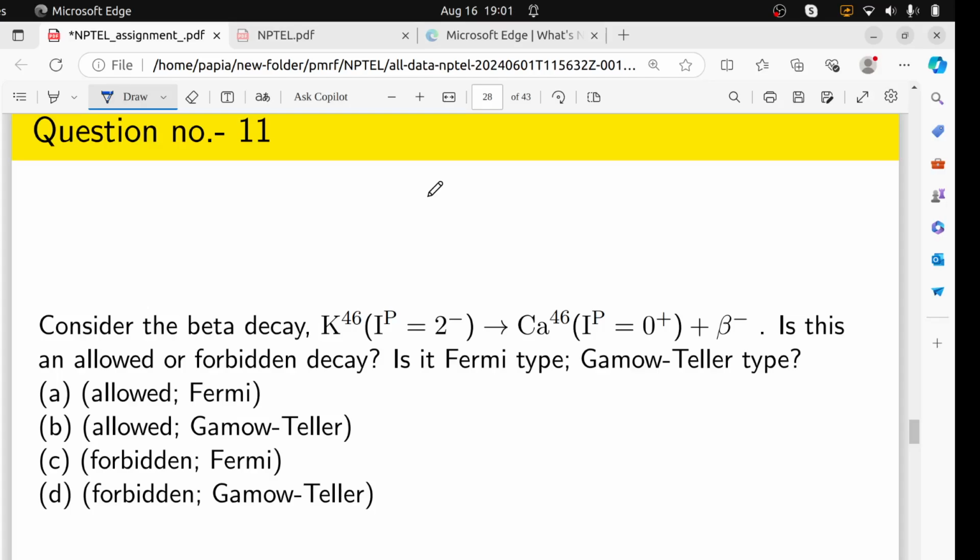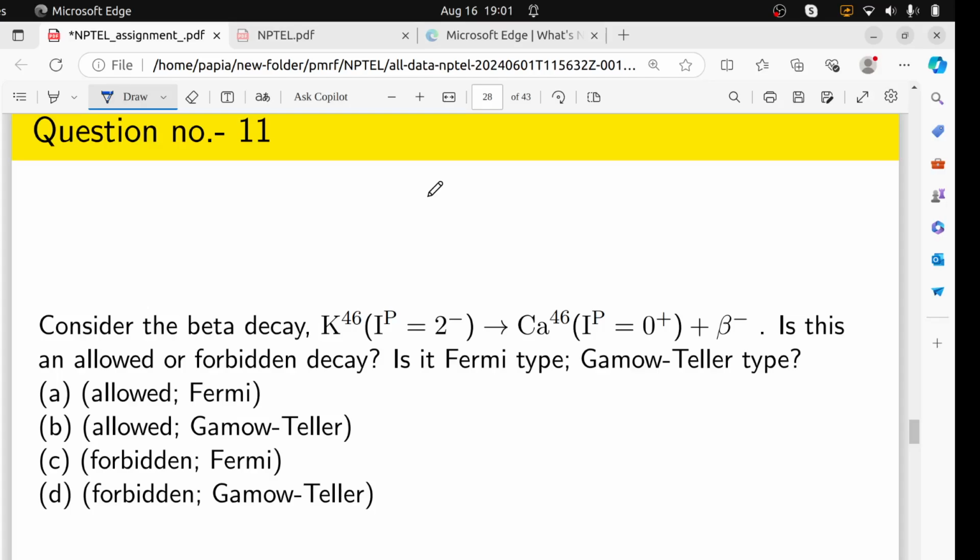So I hope all of you have already attended Professor Paulo's lectures, where he was discussing what is Fermi type and what is Gamow-Teller type, what is the allowed decay and what is the first forbidden and second forbidden decay. So I have made a table.